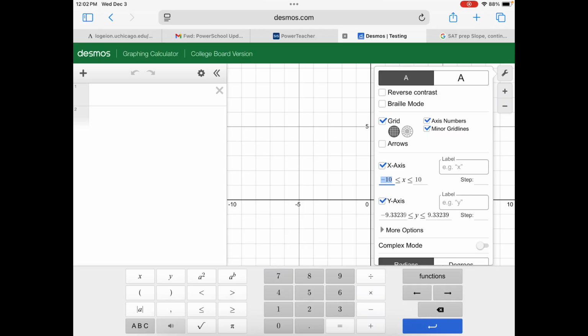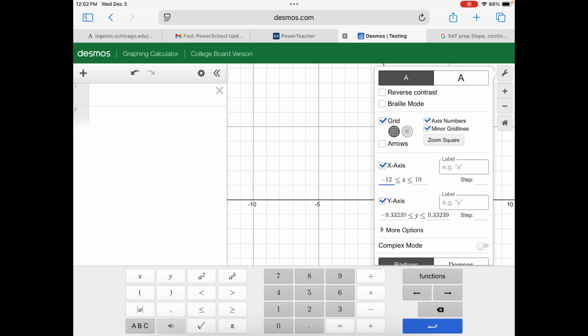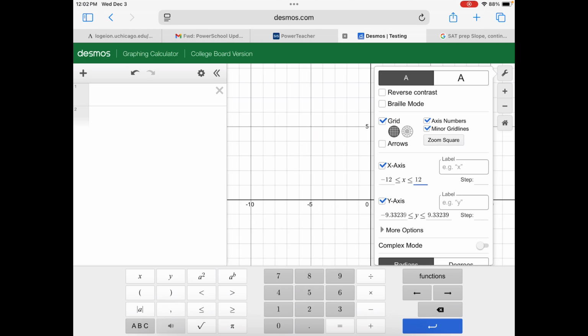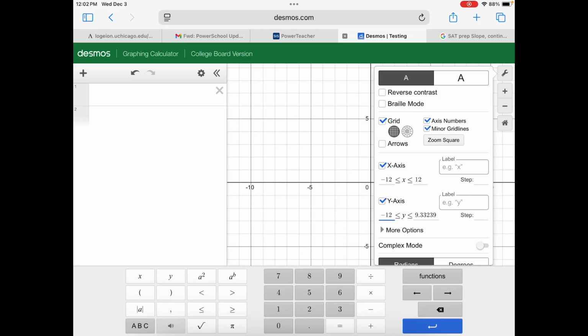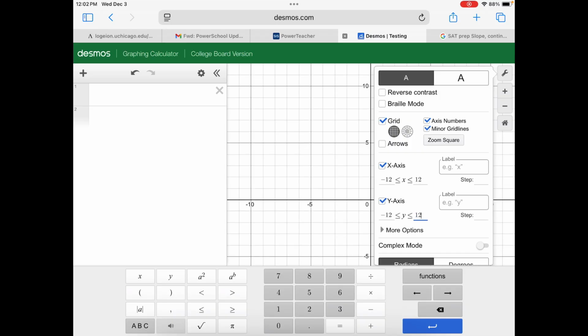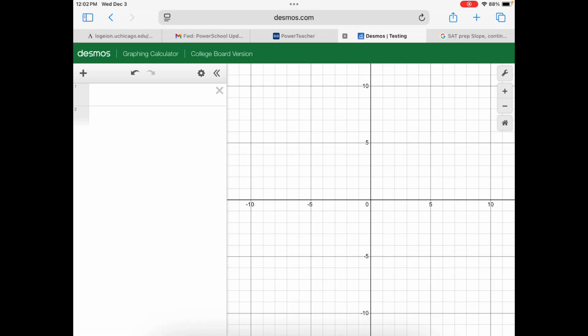We're just going to delete what we've got here, and we're going to put in -12 for the X-axis, delete, +12. Same thing for the Y-axis. We're going to do -12 and +12. So now if we click on our tool icon, that'll go away. Now what we see on our Desmos screen is the same as what the question looks like.